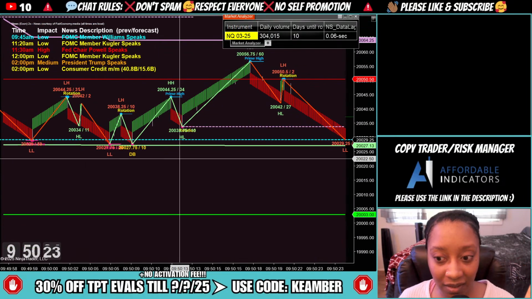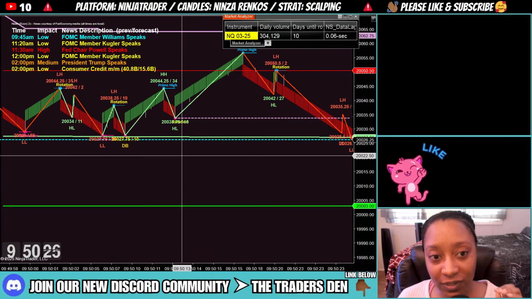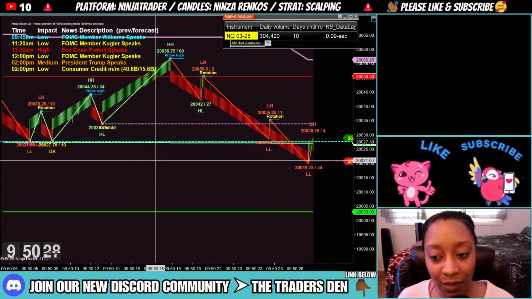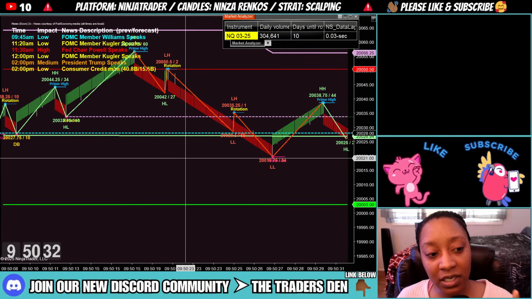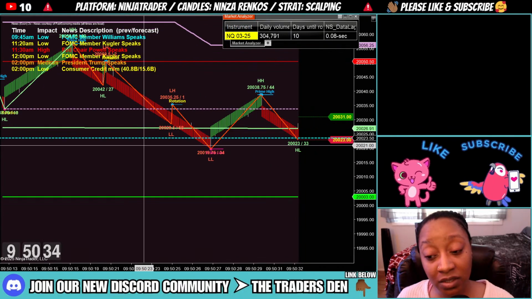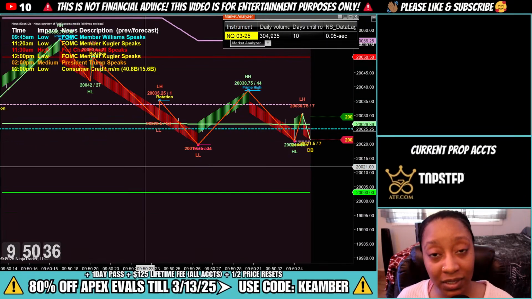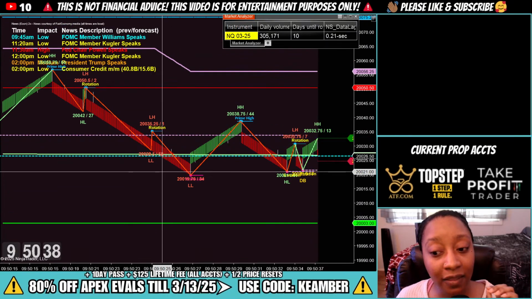Let me stop you there. For most companies, the most popular account size is a 50K account. With some companies like Apex, you get $2,500 in drawdown, but a lot of the other companies is $2,000 in drawdown.